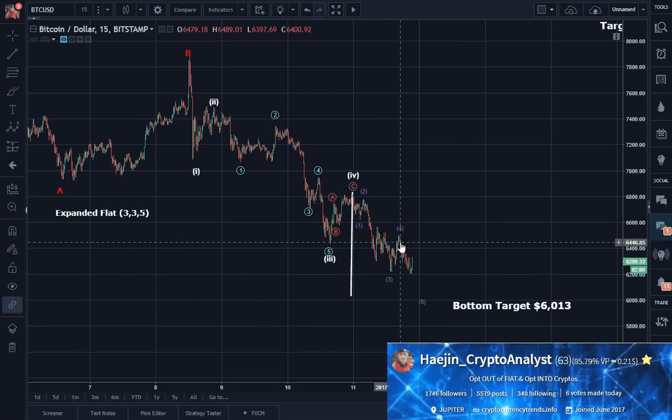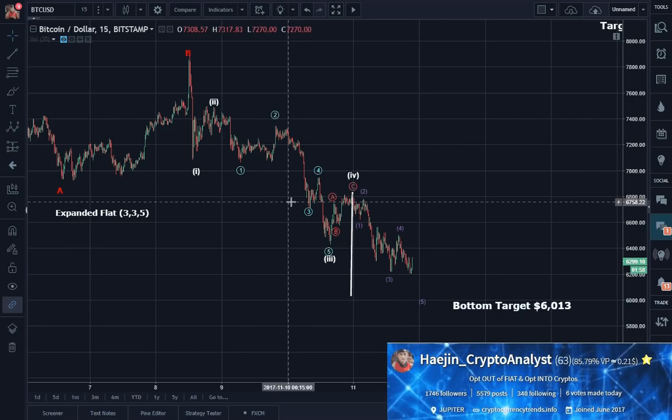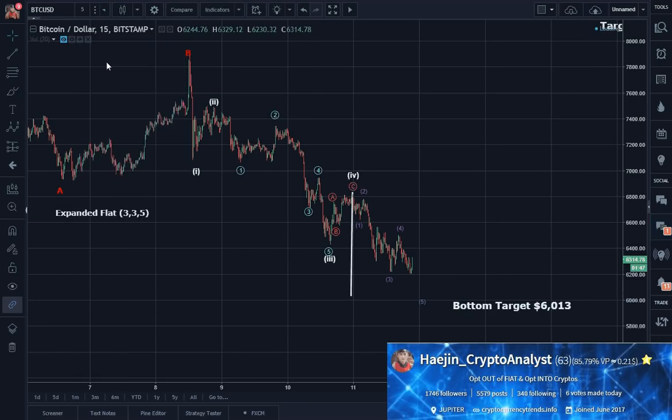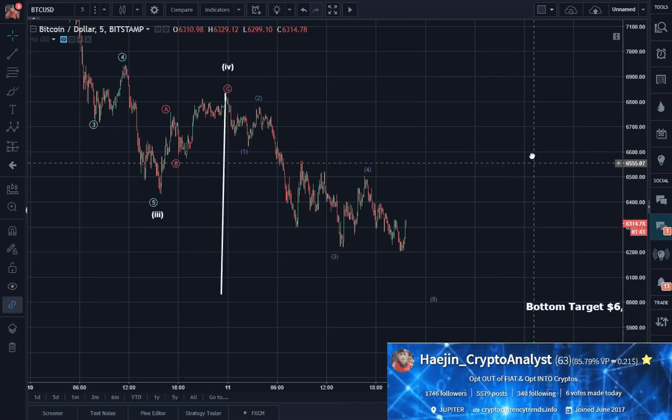So I want to go into the last wave, and I'm going to drill down into it now. This was what I call a nanoscale atomic electron chart microscopy. 5 minutes. Voila.